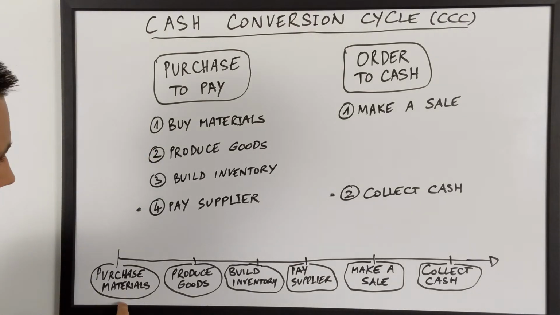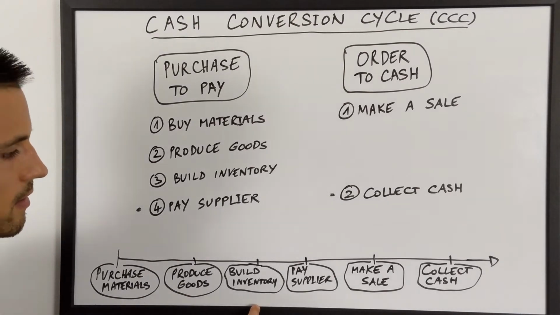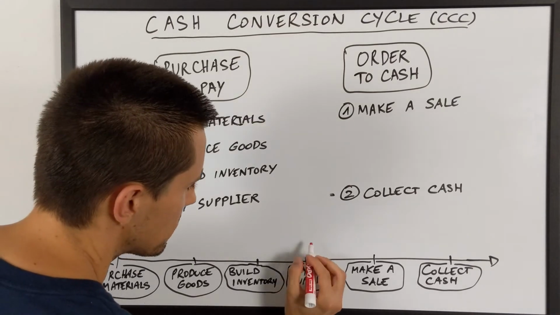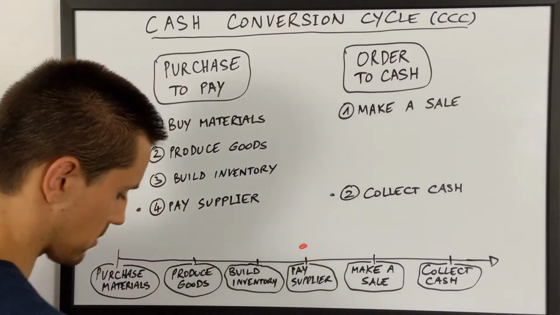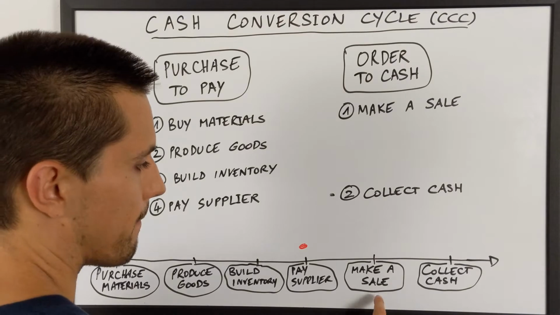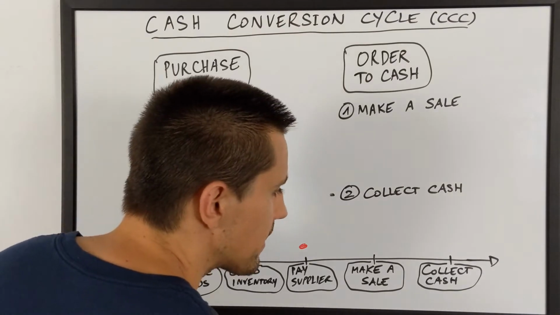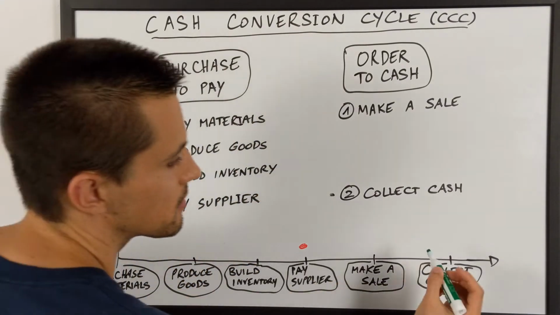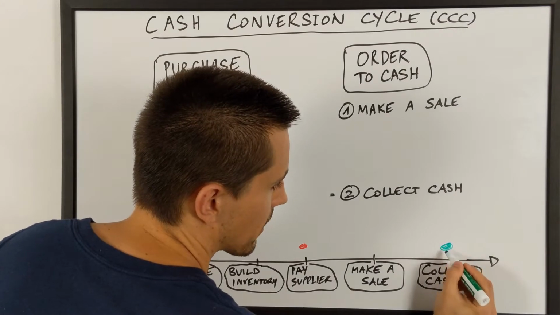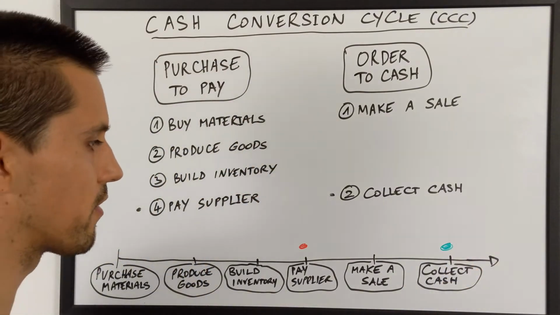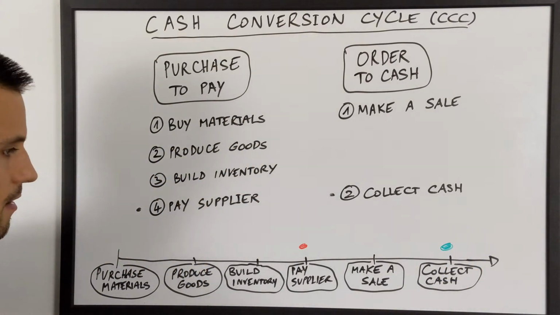We are purchasing our material, we are producing the good, we are building the inventory, we are paying our supplier, that's negative for our cash, we are making a sale, and only at the end of the chronology we are cashing in because we get the money from our first sale.